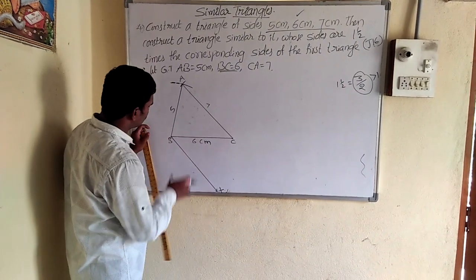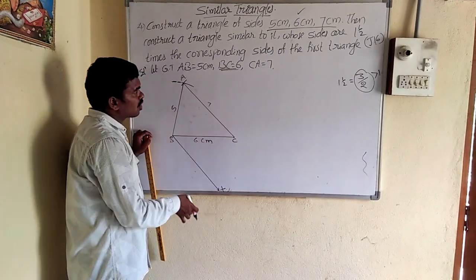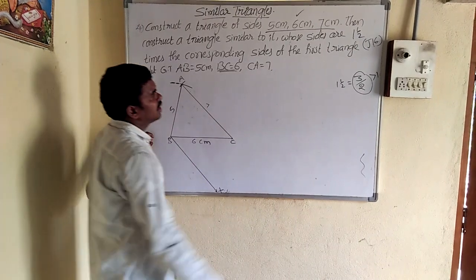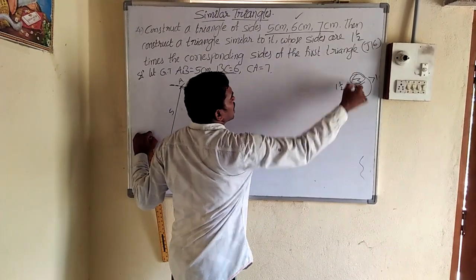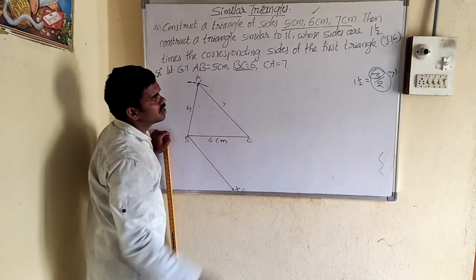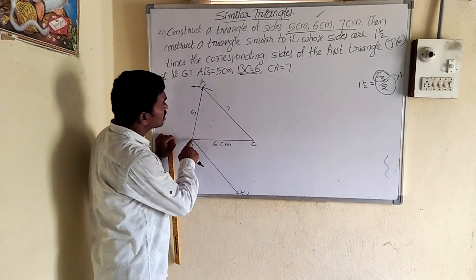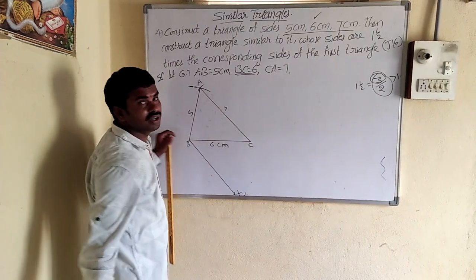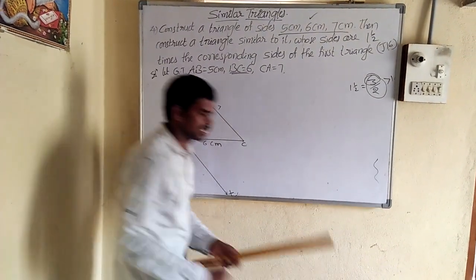Next, we have to draw arcs, but how many arcs should be drawn? Here, most probably 3 are enough. Which is more among 3 and 2? 3 is. So 3 parts we have to divide, and they should be equal parts.